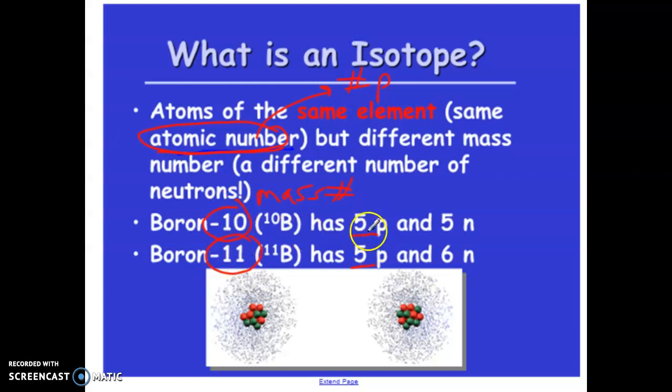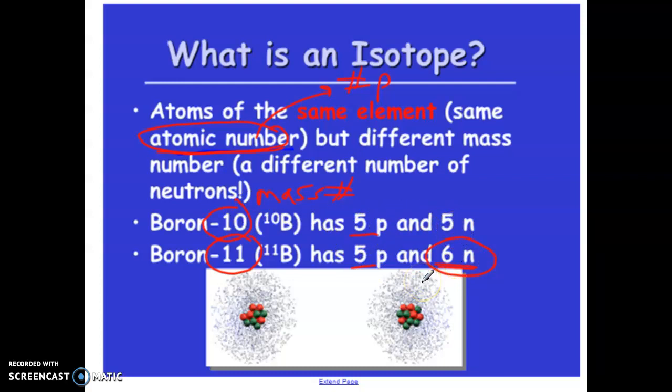Both have the same number of protons, so the only thing that could be causing this difference in weight has to be the number of neutrons. The one that is a little bit heavier has an additional neutron. Remember, if you take your mass number and subtract your atomic number, you get the number of neutrons. So 11 minus 5 is 6, and 10 minus 5 is 5.